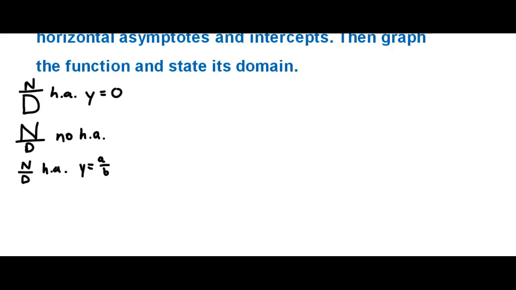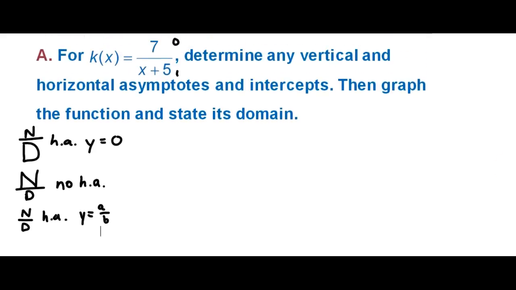So let's go back to our example at hand. We decided, based on our rules, that since the numerator's degree was lower than the denominator's degree, we were going to have a horizontal asymptote at y equals 0.